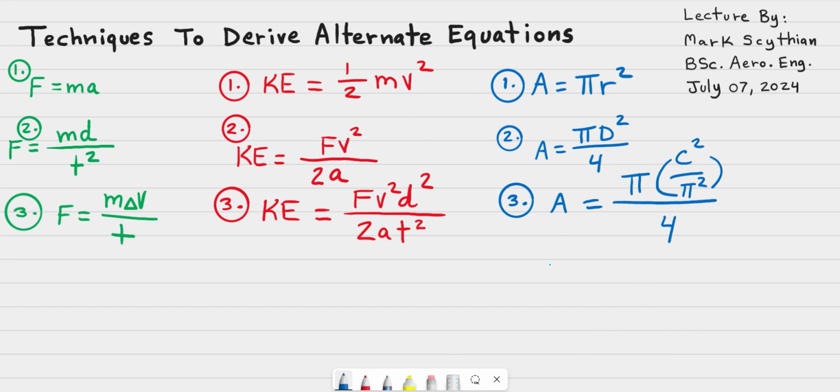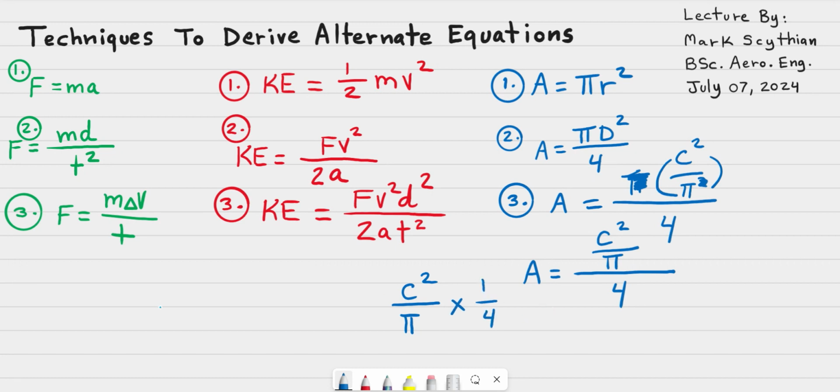So upon simplifying, the area of a circle is also equal to circumference squared divided into pi, then divided into 4. So c squared, as in circumference squared, divided into pi, then divided into 4. So we get this reciprocal of the second fraction.